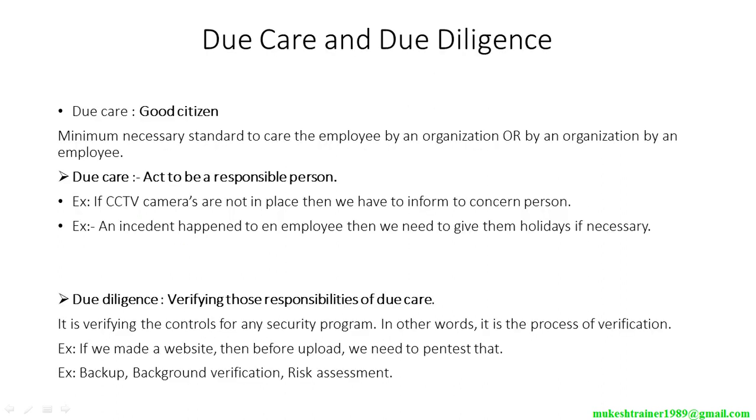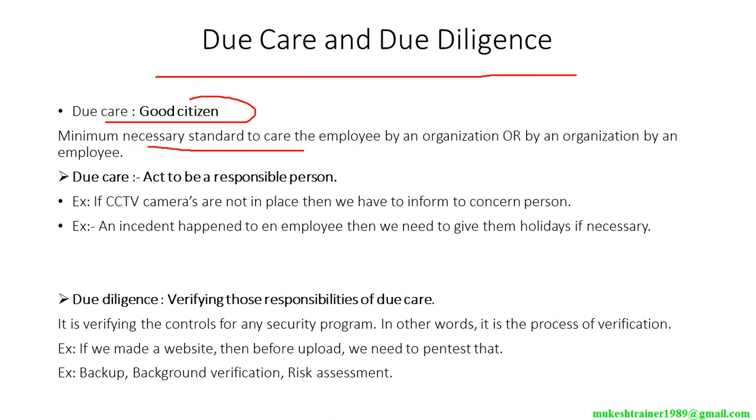Due care and due diligence is next. Due care is being a good citizen, the minimum necessary standard of care by an organization or an organization's employee. Due care is to act as a responsible person.